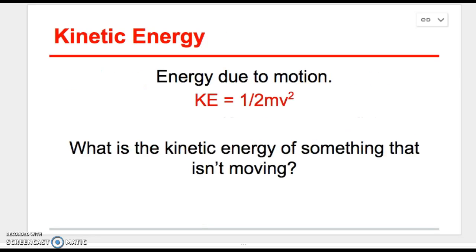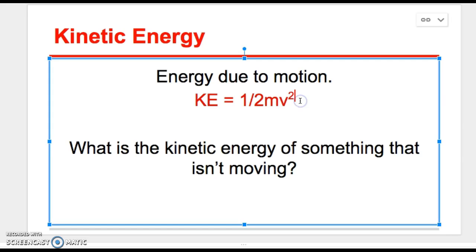All right, one of the forms of energy that we're going to talk about is kinetic energy. Kinetic energy is energy due to motion, so that means energy that is caused by something that's moving. Okay, so the equation that we're going to use for kinetic energy is 1/2 mv squared.